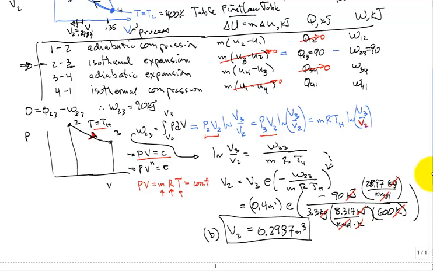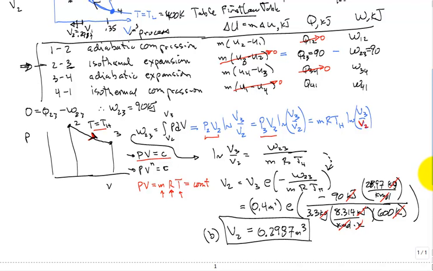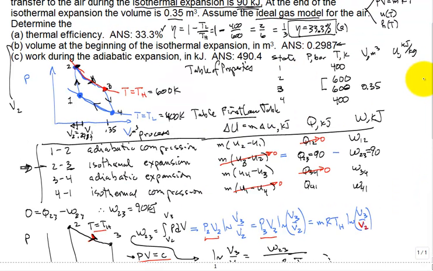Okay, now we've calculated that volume. Let's go back and look at what the last part was. What is the work during the adiabatic expansion? Well, this is process 3 to 4, isn't it, our adiabatic expansion? So what is our work there? I look at it, and it's not an isothermal expansion.